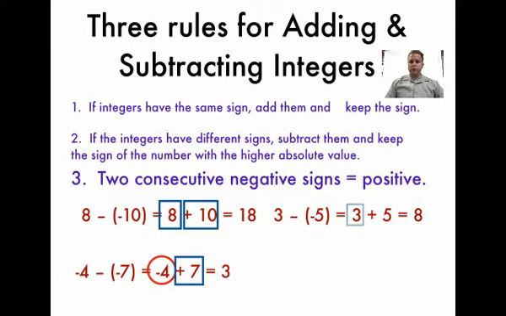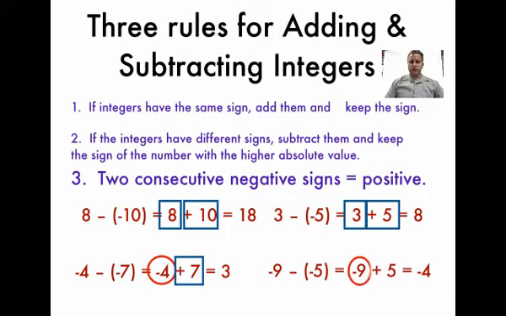That's going to be a blue square and a blue square, and that gives us 8. Last example, -9 minus -5. So we have -9 plus 5. So red circle, blue square, and that's going to give us -4.